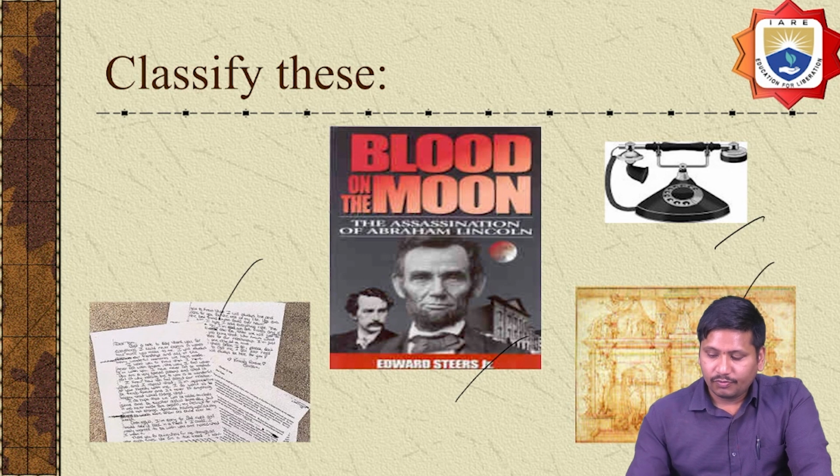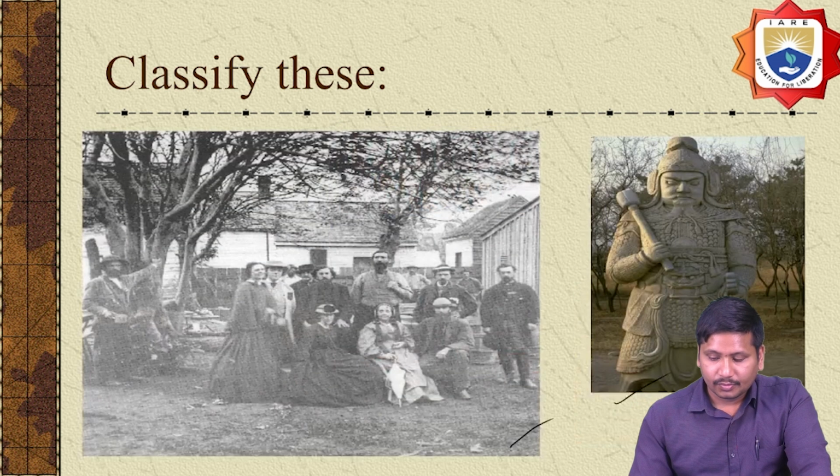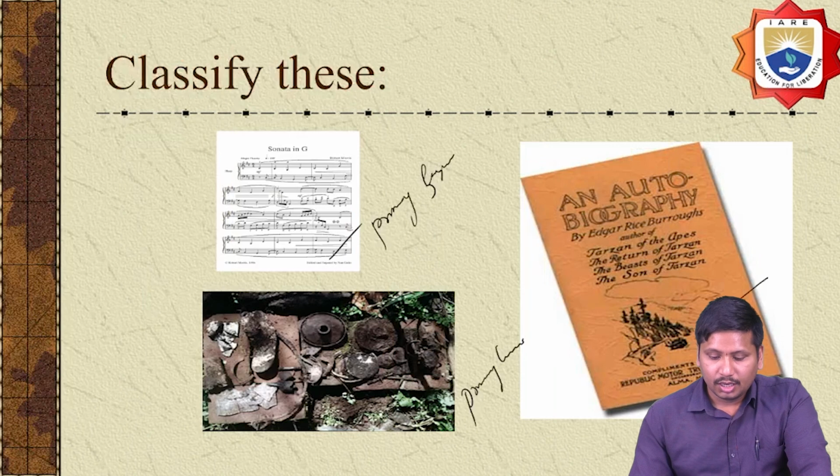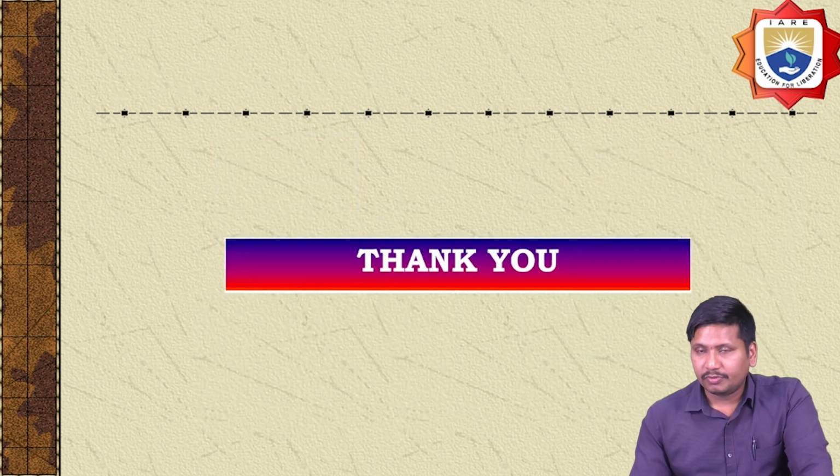And then what I have shown: the information I'm getting through telephone, and the information I'm getting from a picture or magazine or history of a person who is not present, and then historical photographs, from which I'm getting information here, and then the songs, and then historical tools like artifacts, and then textbooks or maybe a magazine like this. With this, these are some of the examples of primary and secondary sources.